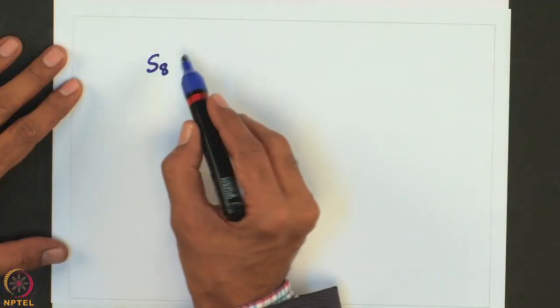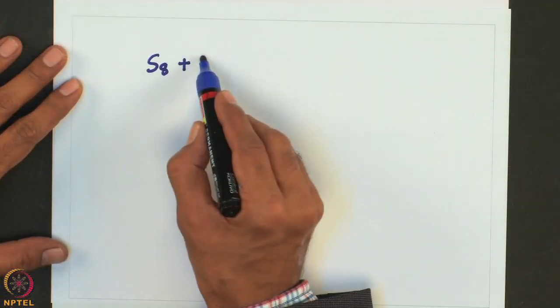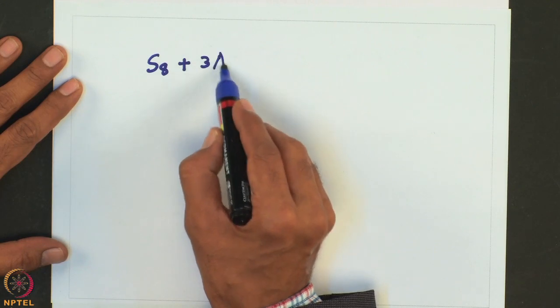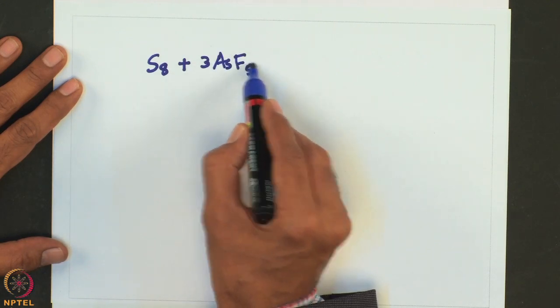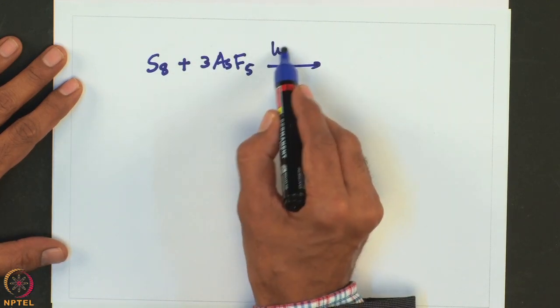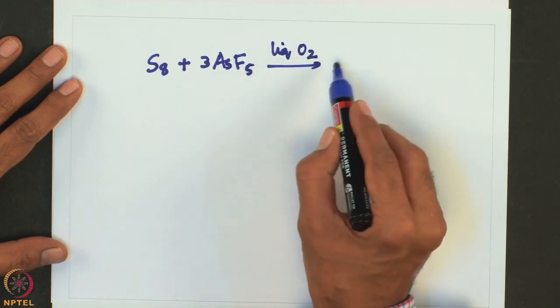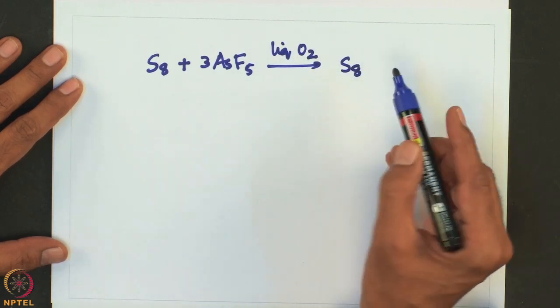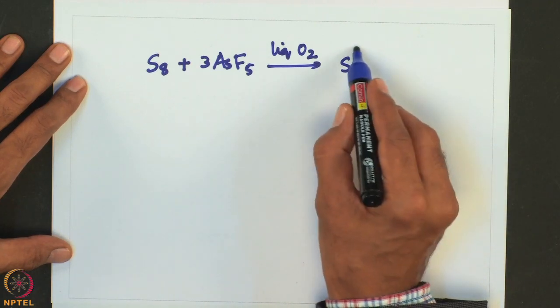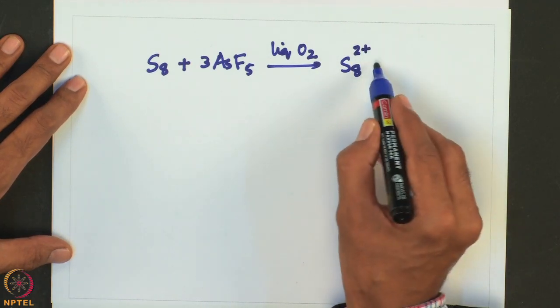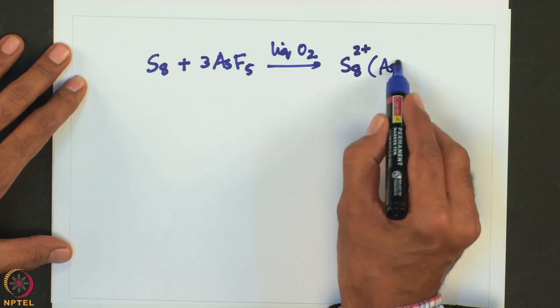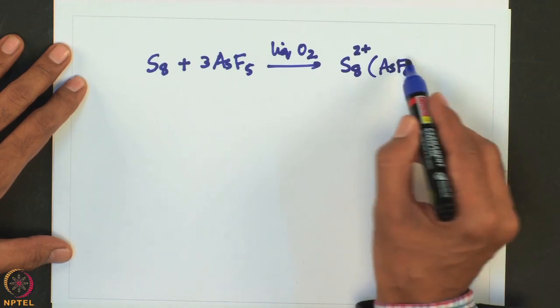For example, if you take S8 and treat this with arsenic pentafluoride in liquid sulfur dioxide, it leads to the formation of the polychalcogen cation S8 2 plus, with AsF6 minus being the counter anion.